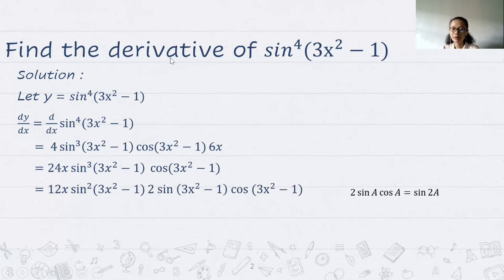We remember the double angle formula: 2 sine A cosine A equals sine 2A. Then it equals 12x sine squared of (3x squared minus 1) sine 2 of (3x squared minus 1), because A is 3x squared minus 1.